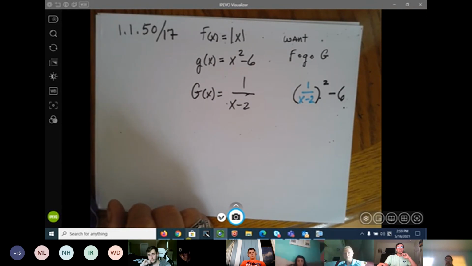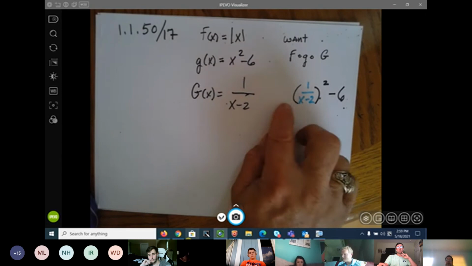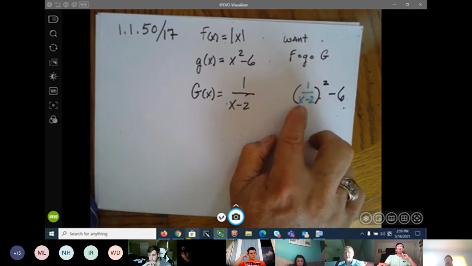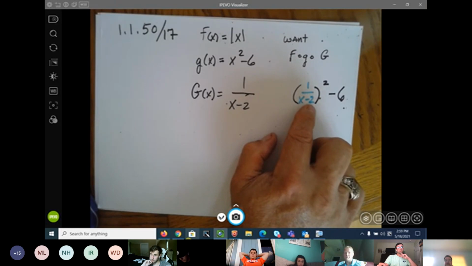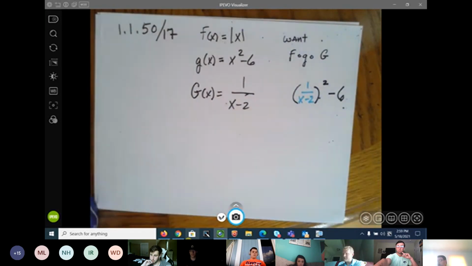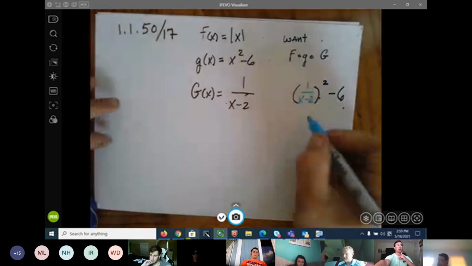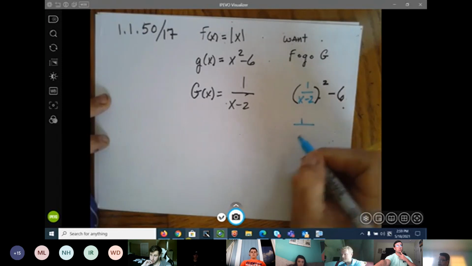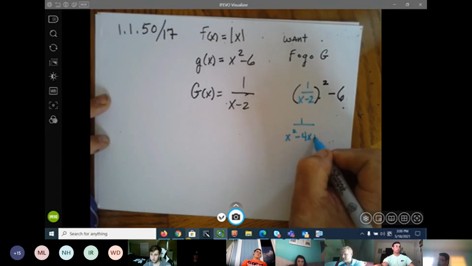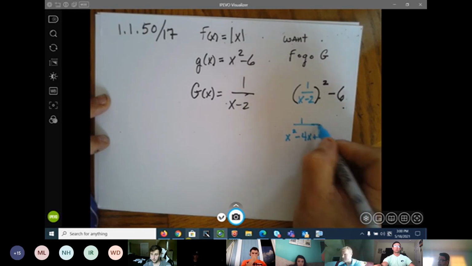Now, I don't know how far they want to go with this because that's a quadratic on the bottom. So I'm just going to treat it as a quadratic. And that'll be 1 over x squared minus 4x plus 4. Now, again, I don't know if they want to go that far or not. So this is going to be 1 over x squared minus 4x plus 4 minus 6.